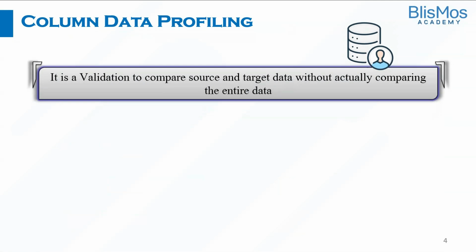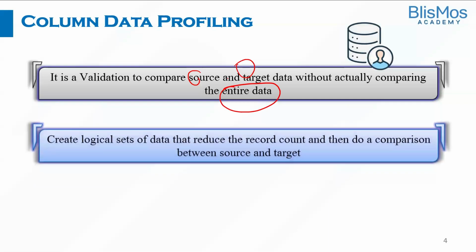In column data profiling, we'll compare the source and target data without actually comparing the entire data. What do we do then? We'll create logical sets or subgroups from the whole data set, reduce the number of records from the bigger group, and then compare the source and target.